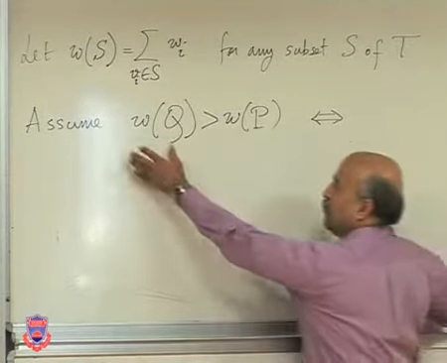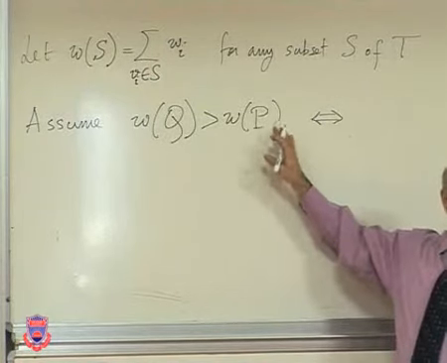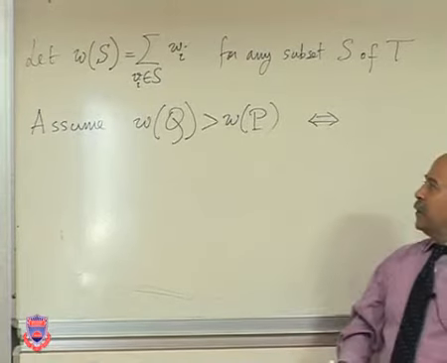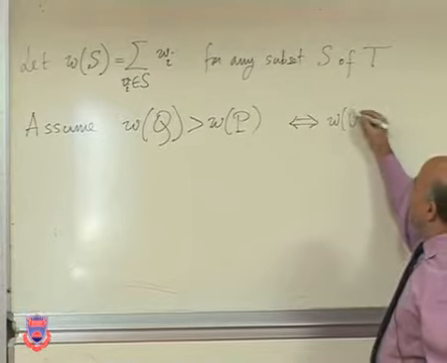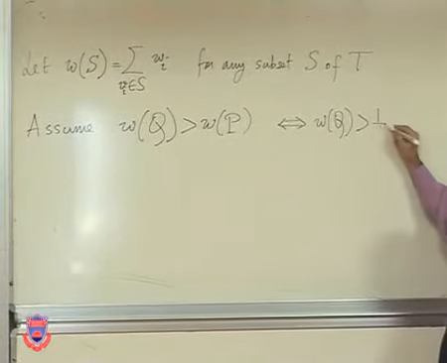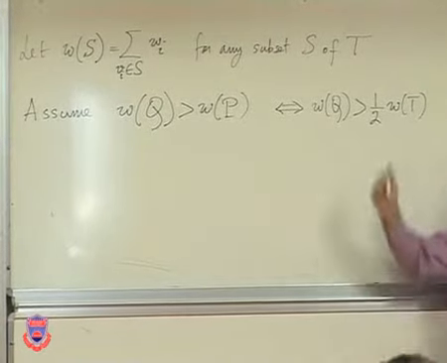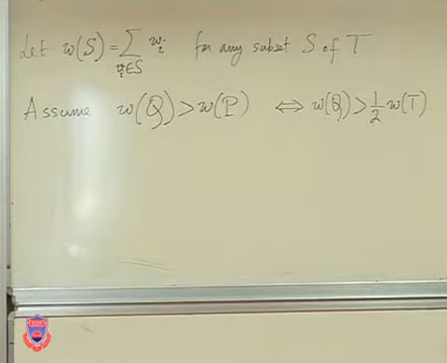You would get 2WQ here. You would get WP plus WQ here, but WP plus WQ would be the total weight, which means that WQ is greater than half the total weight of the entire tree. My notation for this was capital W before, but with the new definition, this is the situation. Okay?